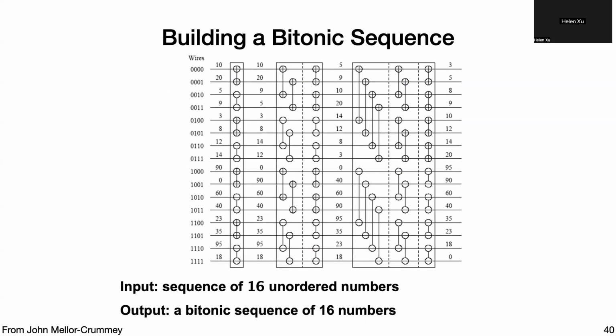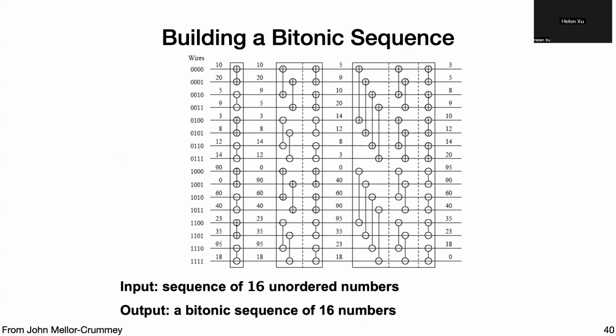So this is an example. This initial sequence is unsorted: 10, 25, 9, 3, 8, 12, 14, 90. These are the same numbers, but completely randomly ordered. And we're trying to put them into this thing that we had initially, which is up and then down.